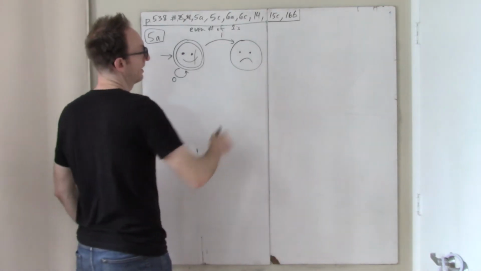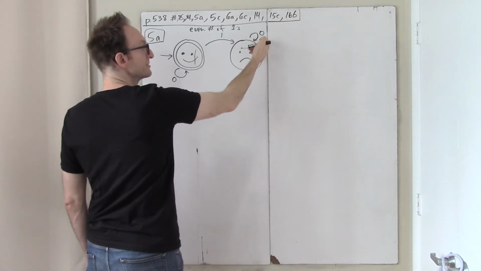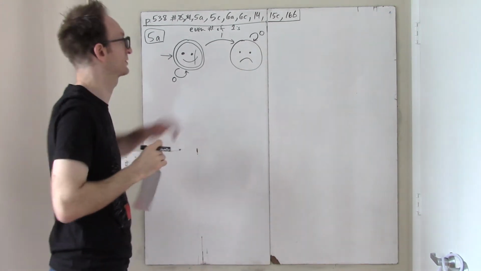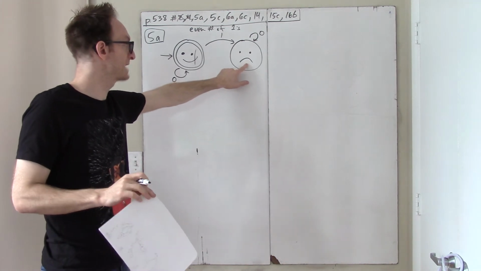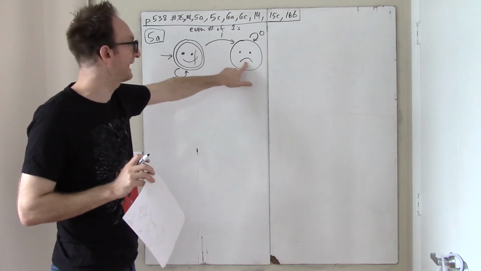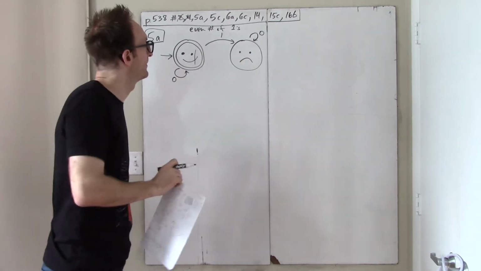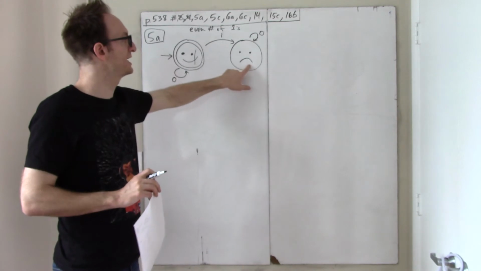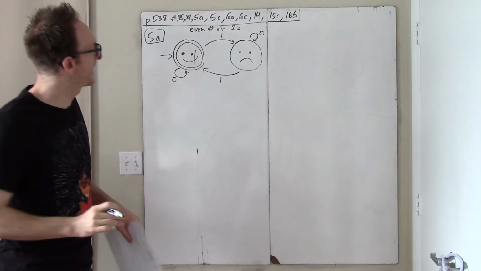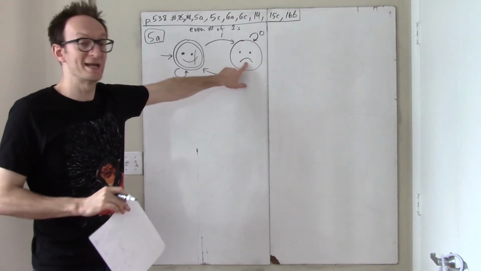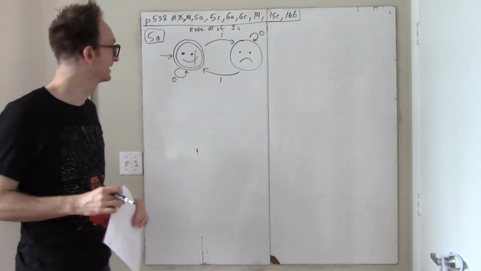And what will keep me sad is zeros, because a 0 doesn't change the fact that this is the state which really represents an odd number of ones having appeared so far. It would probably be better pedagogically to label this not with a frowny face, but with something more semantic. Of course, once a 1 happens, now I have read an even number of ones, and I can go back here. That's it. It's the whole machine.